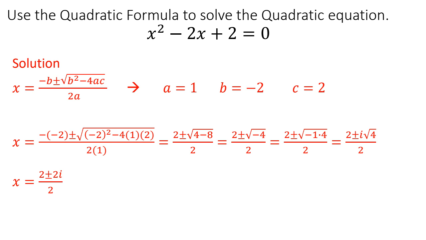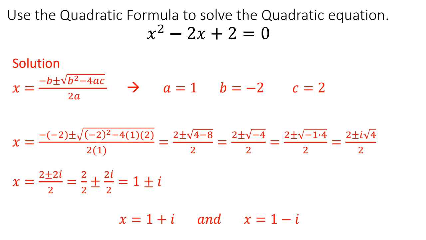I know WebAssign doesn't have the plus or minus symbol, so let me write them separately: 1 plus i and 1 minus i. No more "does not exist." In chapter 2, the solutions for x are 1 plus i and 1 minus i.